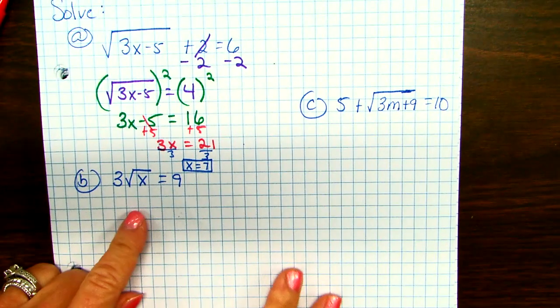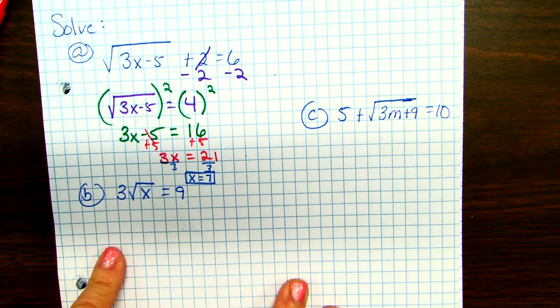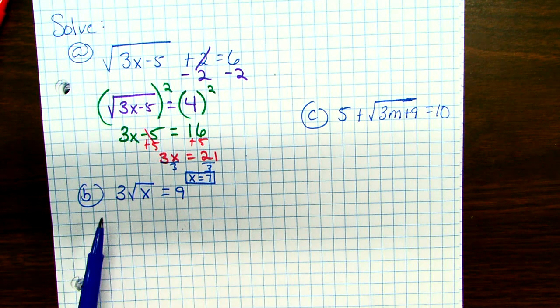Look at example B. Is the radical by itself on one side the way we have it now? Is it alone? No. Who's standing next to the square root of x? This 3. This 3 has to go away before we can square both sides. Thanks, Aaron. Okay? So, opposite operations.